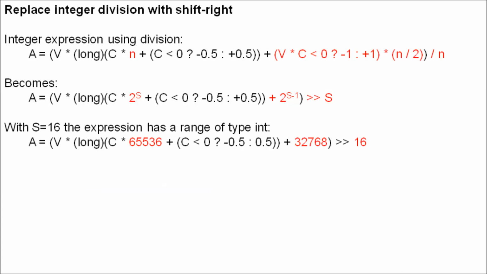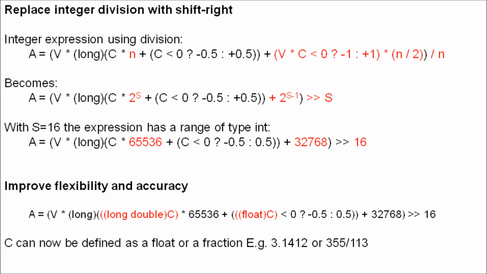So if we replace the integer division with a shift right operator within our generic expression, it becomes unnecessary to determine the sign of the expression v times c, because we always add half the denominator value to the numerator, regardless of the sign of the expression v times c.